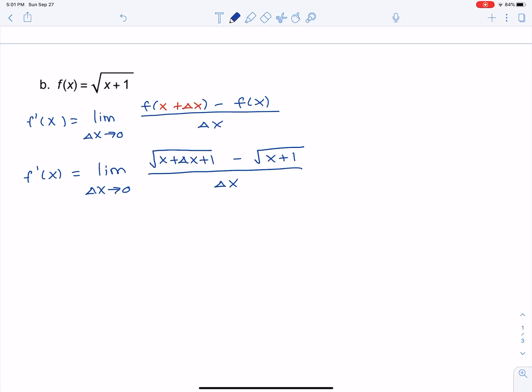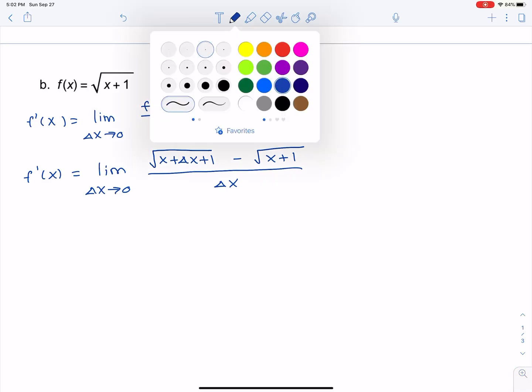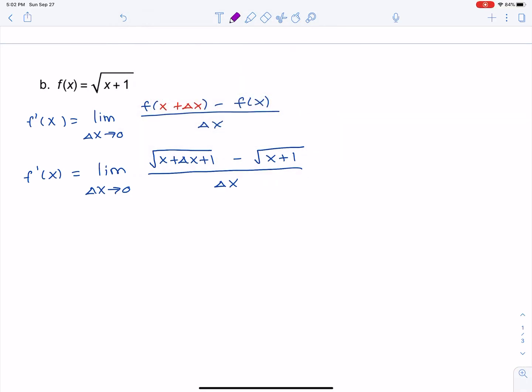Okay, as you can probably guess, time to do some algebra. In this case, I think you'd agree, there's nothing I can do in terms of just removing radicals. So what we've done before, and I'm going to do now, is multiply both top and bottom by the conjugate of the numerator to get rid of those radicals.